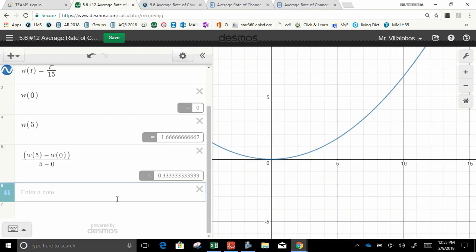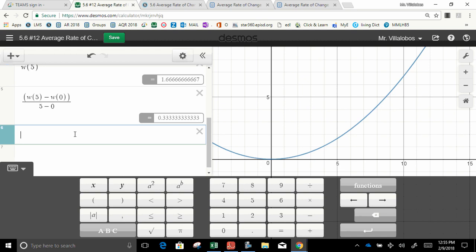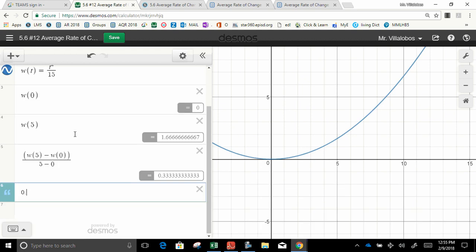okay, so 0.3333 is 1/3, or 1 gram of growth per 3 weeks.